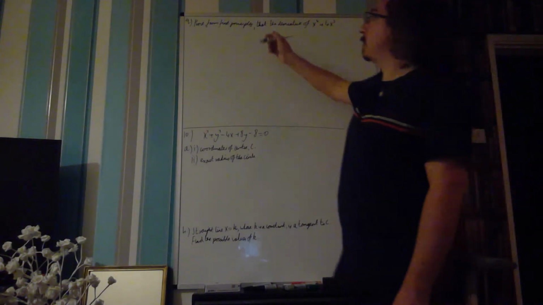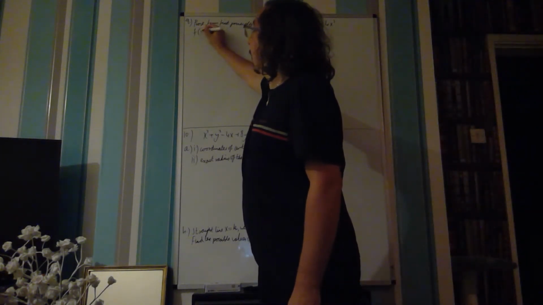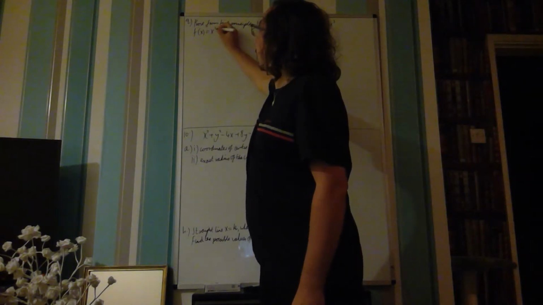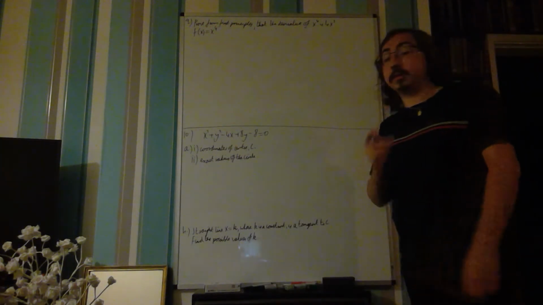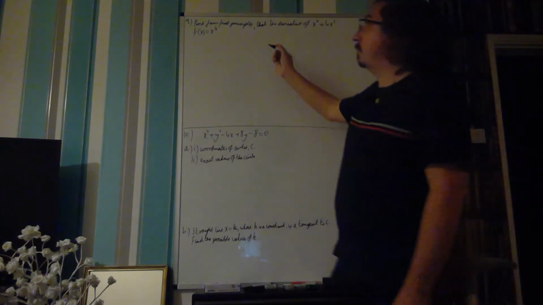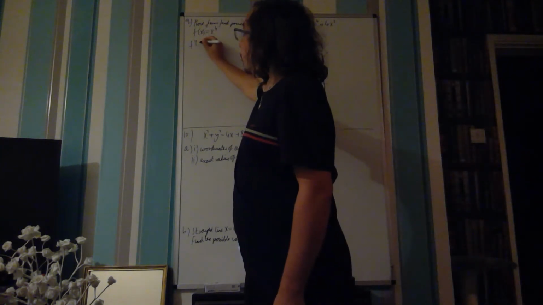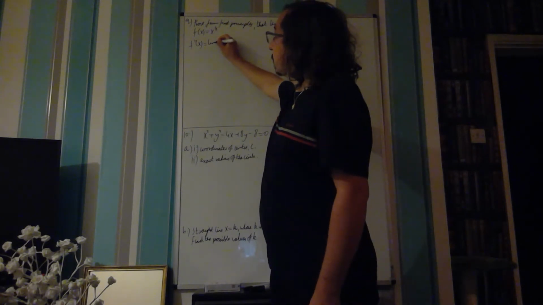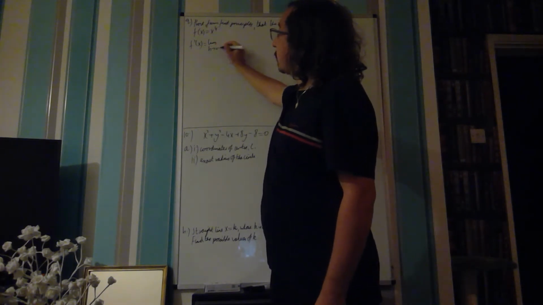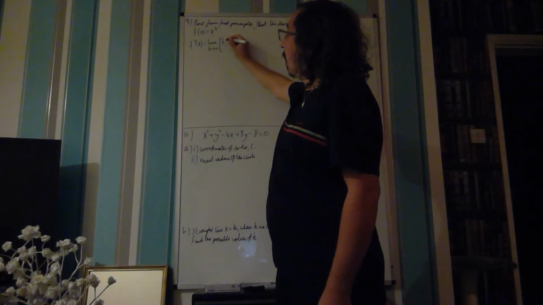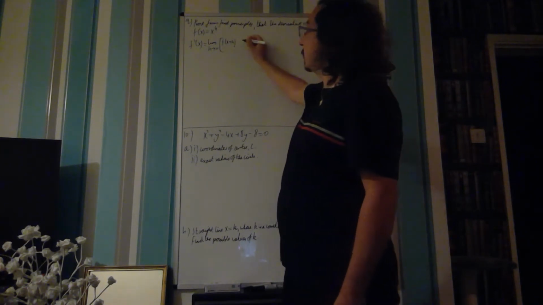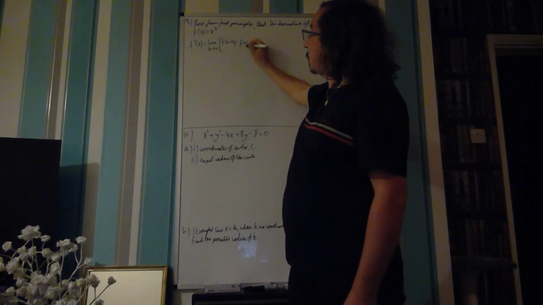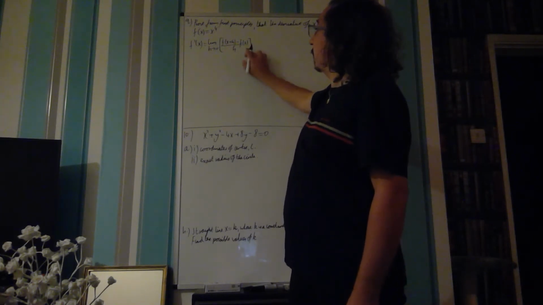Now, to start this, we're going to say that our f of x is equal to x to the 4. Now, the differentiation from first principles, f dashed of x, is the limit as h goes to 0 of f of x plus h minus f of x, all over h.